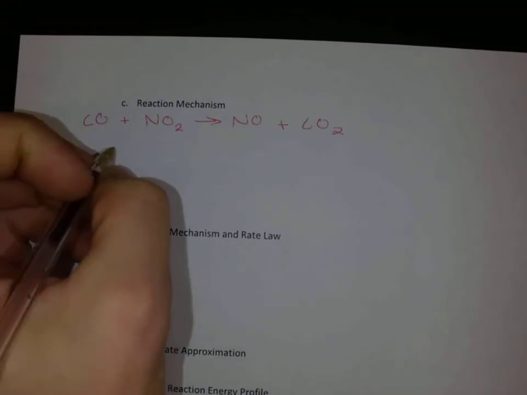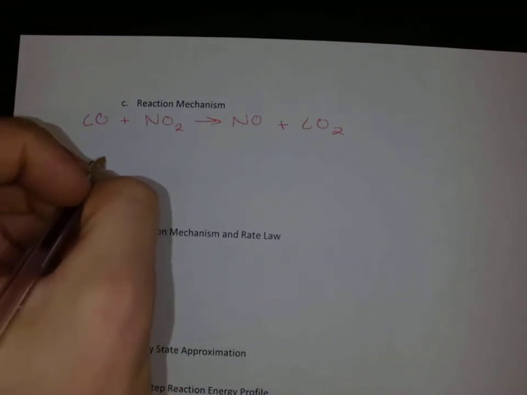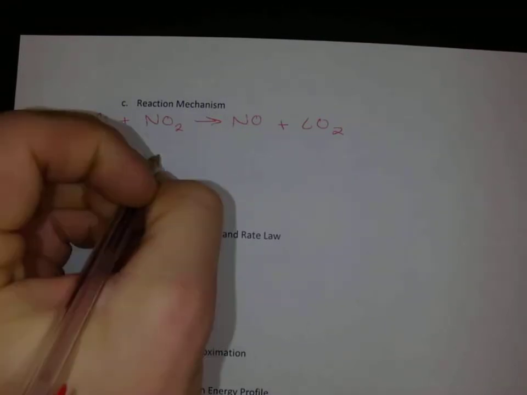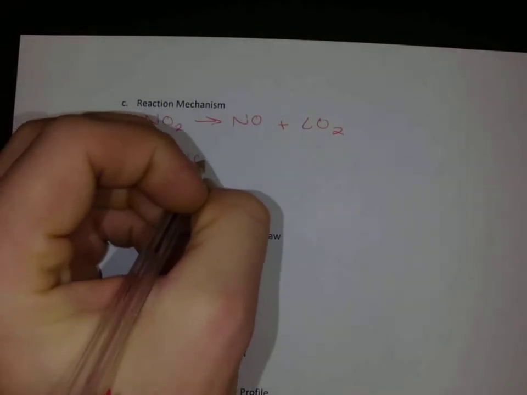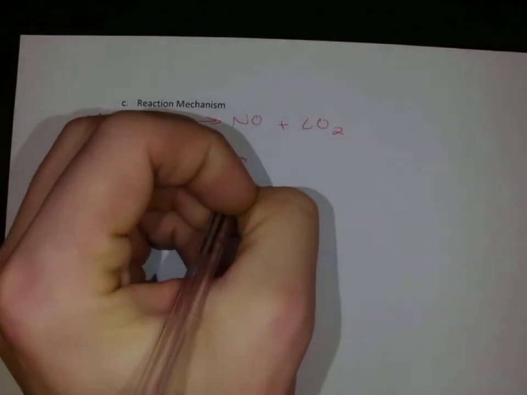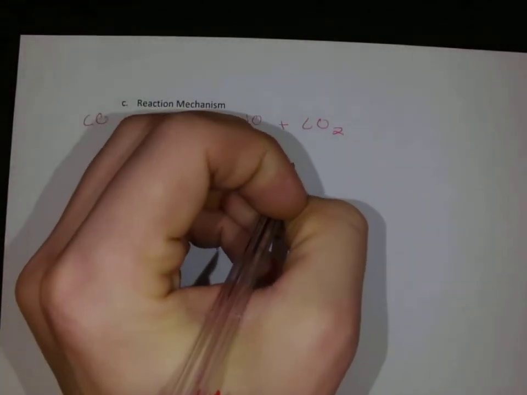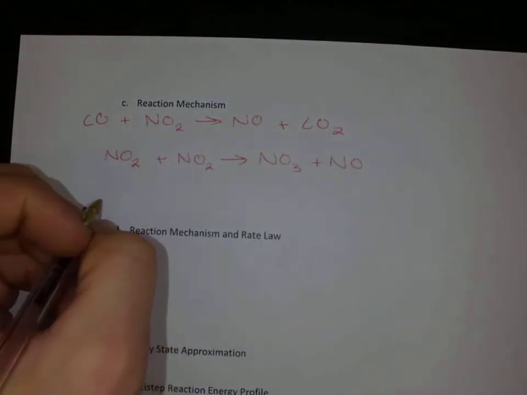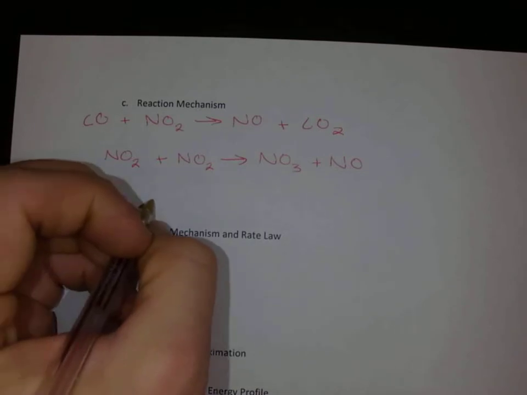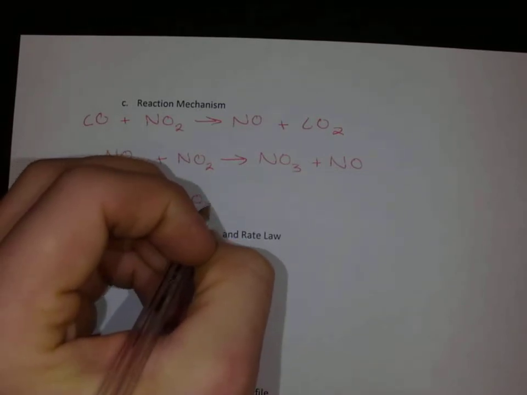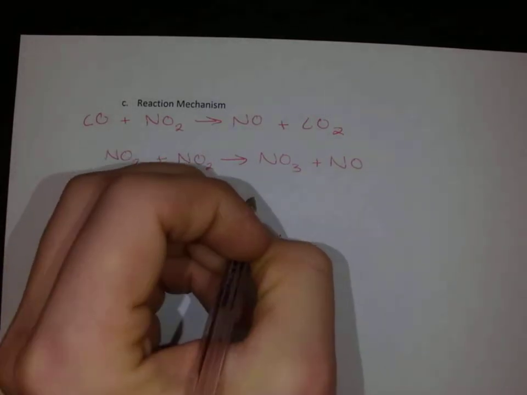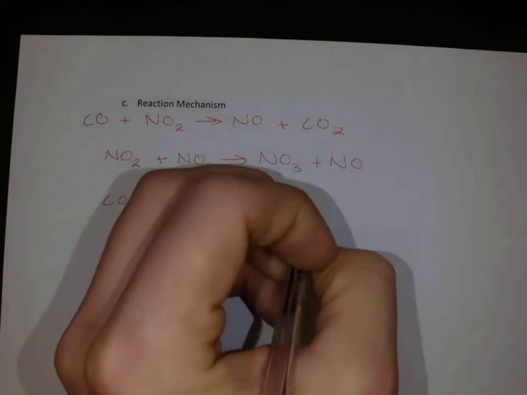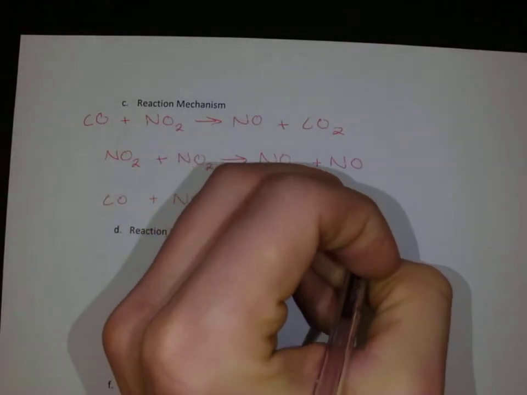So maybe a possibility would be that NO2 could react with another NO2 molecule and form NO3 and NO. And then this NO3 could react with CO and form our CO2 and NO2 here.